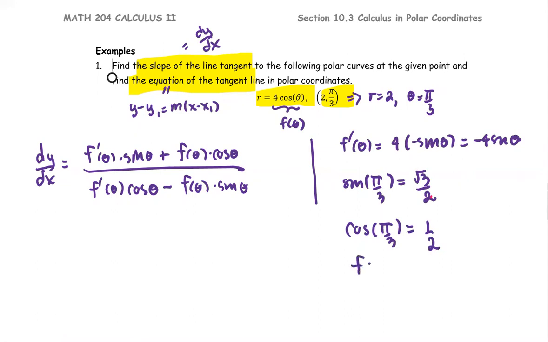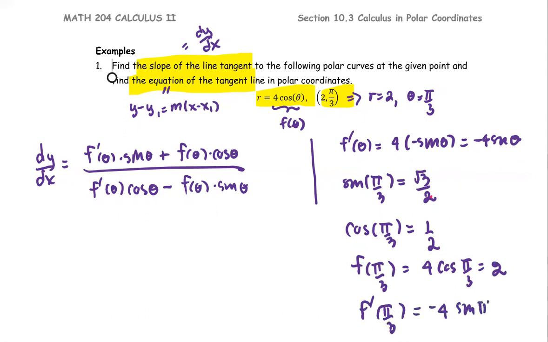Now, the function at pi over 3 is 4 times cosine of pi over 3, which gives us 4 times 1/2, or the value 2. The f prime at pi over 3 is negative 4 times sine of pi over 3, which gives us negative 2 times square root 3.